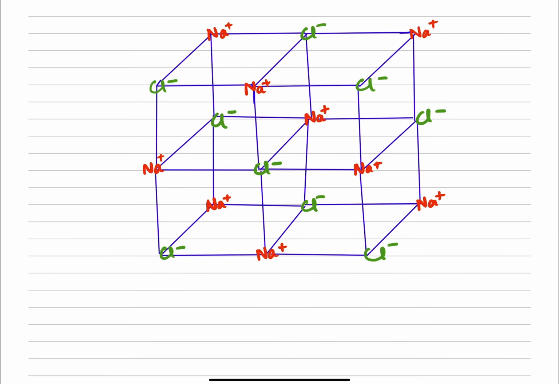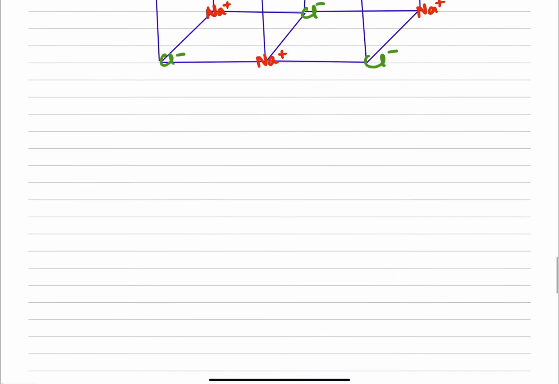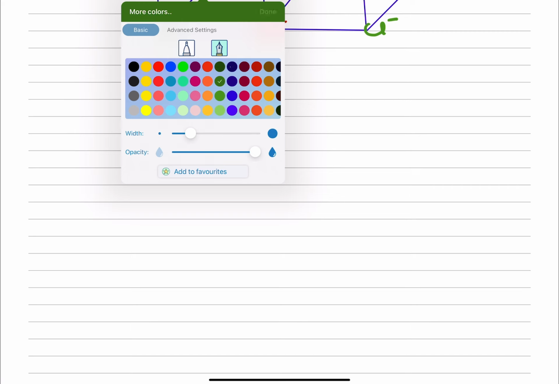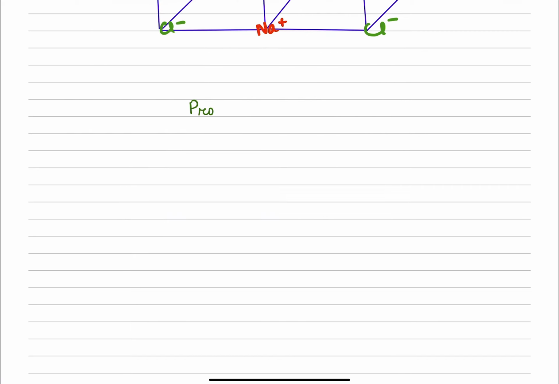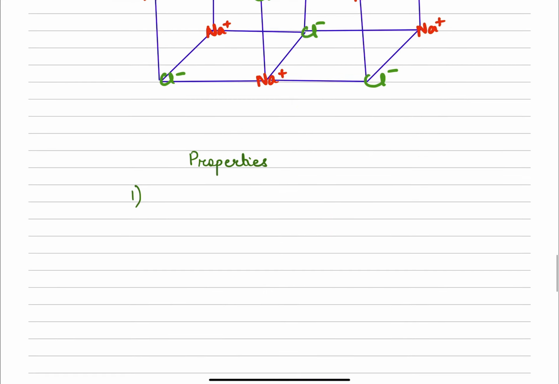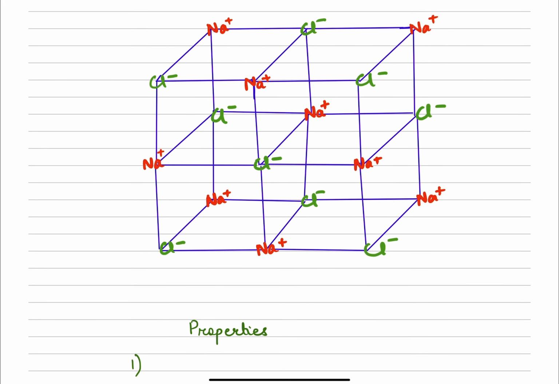However, when we talk about the properties of ionic compounds based on their structure, since it's a giant structure, of course, if I'm trying to melt this structure, it will be very hard for me and I have to put a lot of heat, a high amount of energy, right?